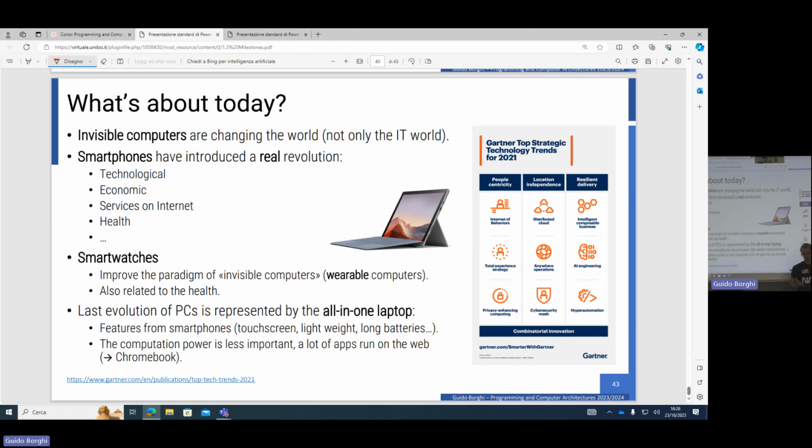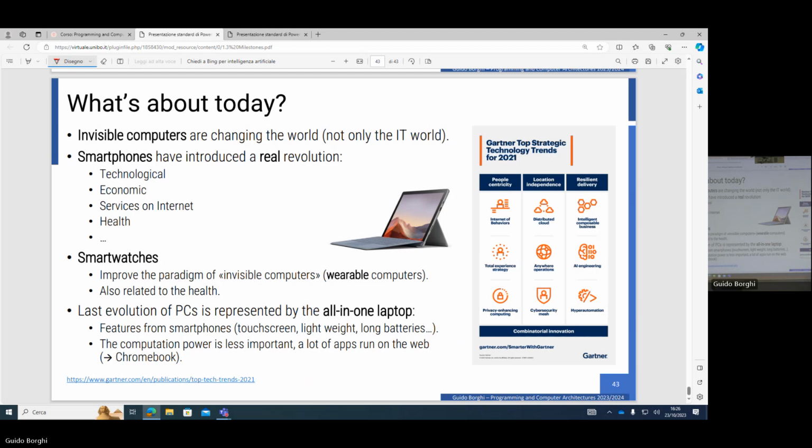So remember, we have a reduced, limited computational power. Thanks to the limited computational power, we can have batteries that last longer, since we can use the cloud paradigm to have services, applications, and many other things on our computers.